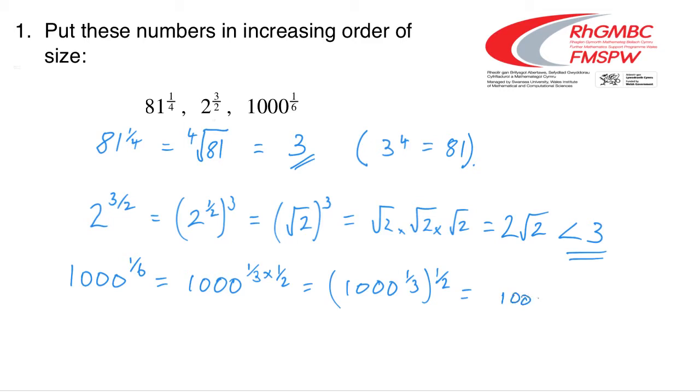And this is the cube root of 1000, all square rooted, which on simplification becomes the square root of 10, and this is clearly greater than 3. And so finally we put the values into ascending order.